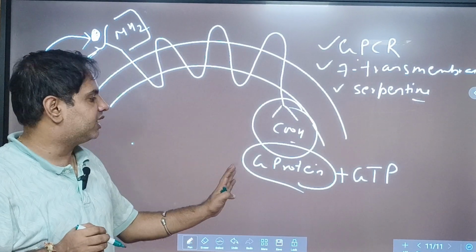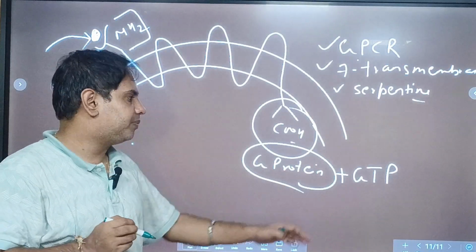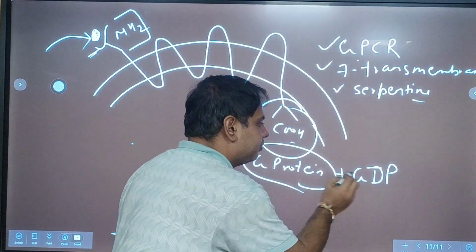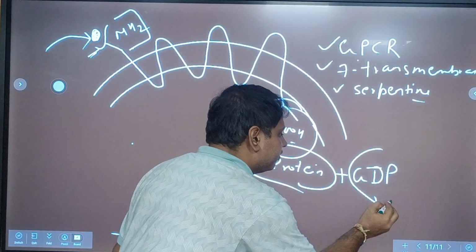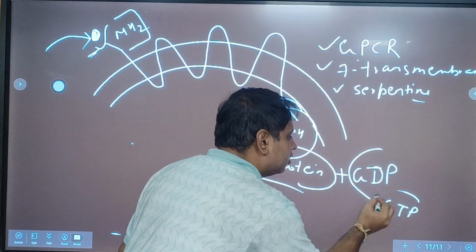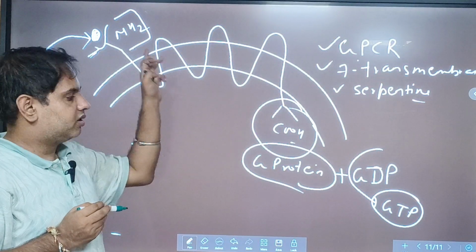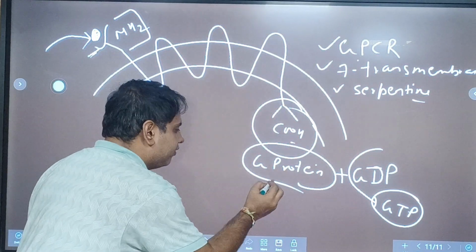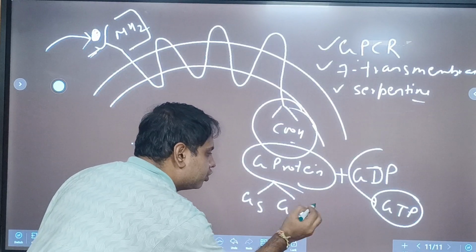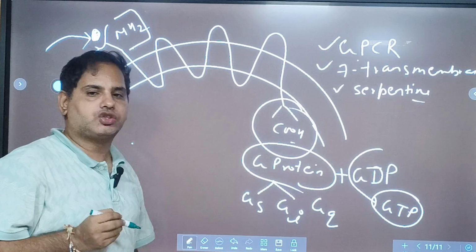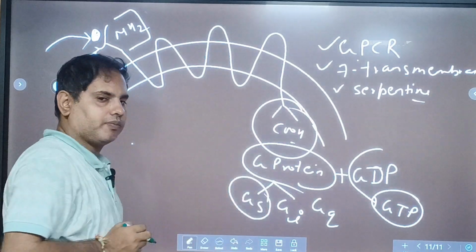In inactive state, your G protein is coupled with GDP, and this GDP is displaced by GTP when your ligand binds in the extracellular domain. And what is it going to activate? In G, there are different forms: GS, GI, and GQ. There are 3 isoforms of the G protein. So it's going to stimulate the GS form.